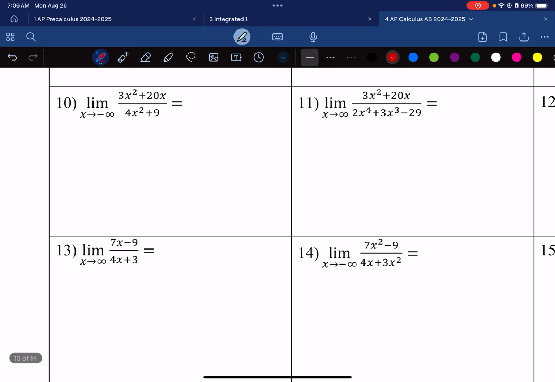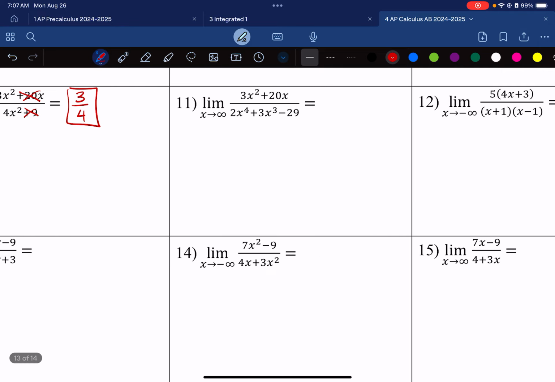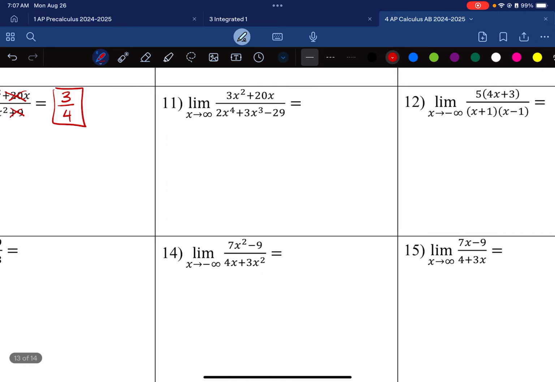In number 10, I cross off all the smaller powers, and again, I have a tie, x squared and x squared, so it's a magic fraction. Take a look at the coefficients. The coefficients are 3 and 4, so our answer is 3/4. In number 11, I cross off all the smaller powers, and I'm left with an x squared and x to the power 4. Whenever the bottom power is bigger, the denominator is bigger, this is a 0.